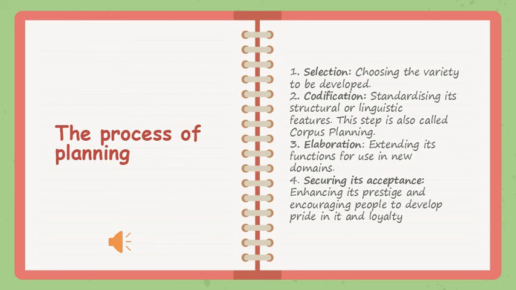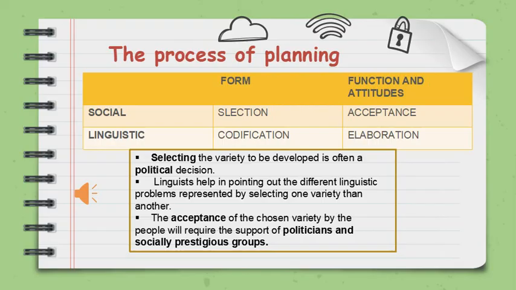Number three, elaboration, is the process of extending its function for use in new domains. And the last step is securing its acceptance. It is the process of enhancing its prestige and encouraging people to develop pride in it and loyalty toward it. The relationship between the steps is summarized in the table below.